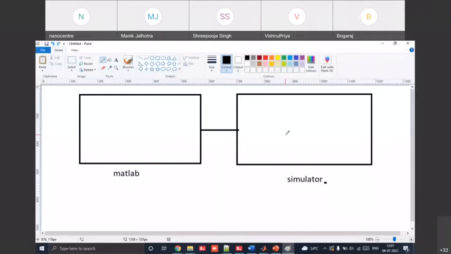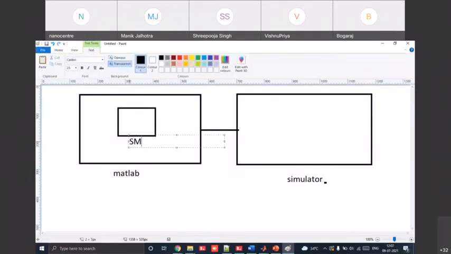The very simple thing we do is make the entire model into one subsystem, and we call that subsystem master SM, sub master subsystem underscore. We can give any name for our own understanding. Let us say I give the name master only.